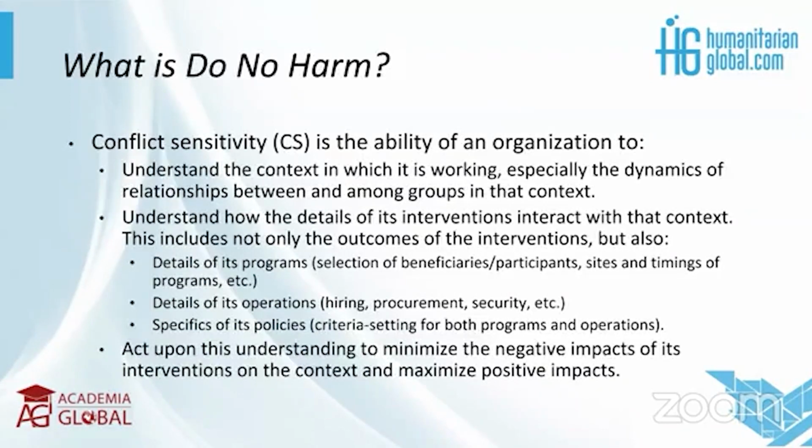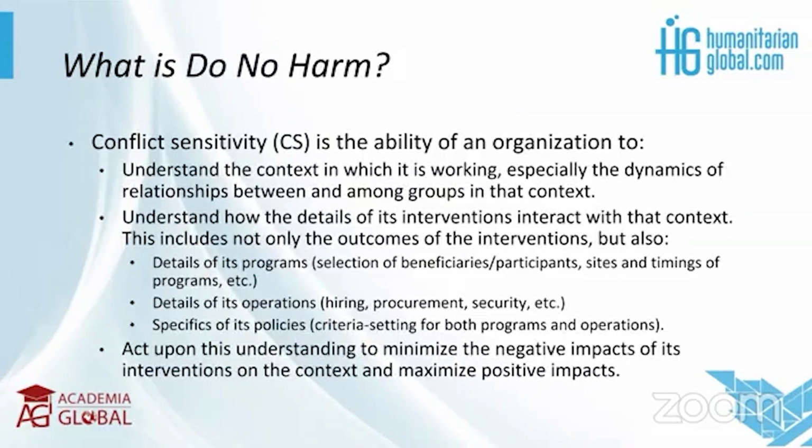So the details of your program really matter. The details of your operations. How do you hire? How do you do procurement? I believe you've had stories and situations where communities have complained, why is it that we are having all the procurements or the suppliers in this project coming from a different area, or coming from a particular community, or seemingly are related to so-and-so, the security and so on.